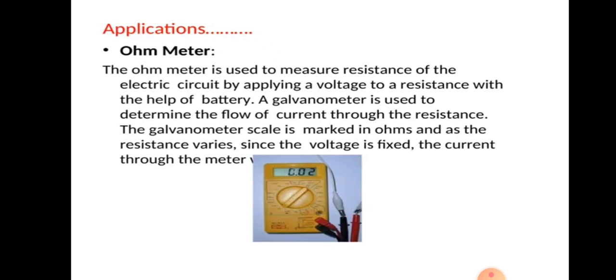A galvanometer is used to determine the flow of current through the resistance. The galvanometer scale is marked in ohms, and as the resistance varies, since the voltage is fixed, the current through the meter varies. Okay, so this is the fourth application.